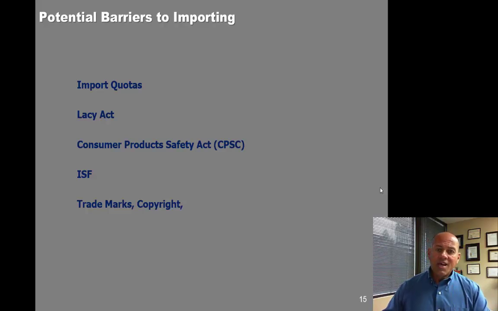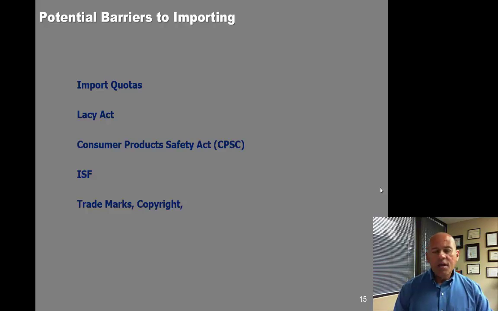Basically, a quota is a limitation on the amount of any type of good that you can import into the U.S. These quotas basically open up and shut down periodically, so it's important, if you have items that are under quota, to work very closely with your customs broker so that you can monitor that quota and make sure that you don't have any interruptions in your import activity.